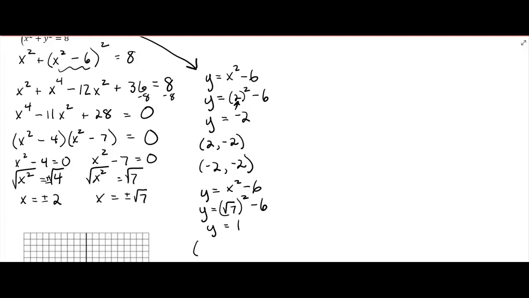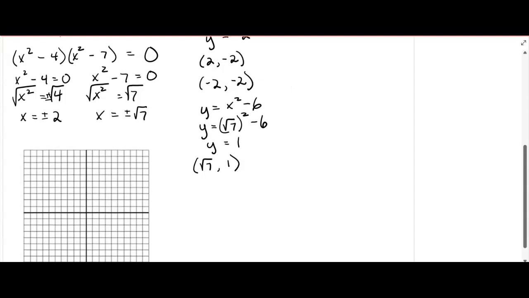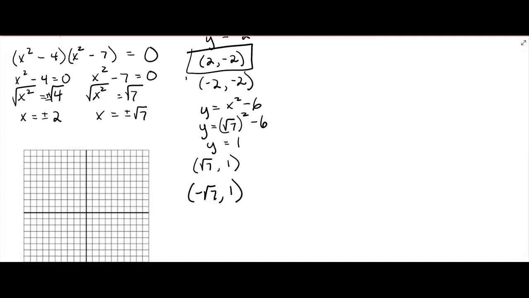So one of the answers is the square root of 7, comma 1. And the similar idea is if I plug in negative square root of 7, I'm also going to get a 1. So these are 4 separate answers for this system of equations.